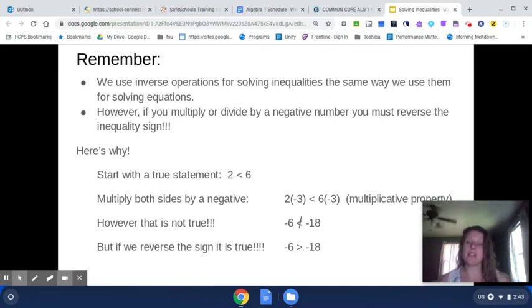But if we multiply by -3 on both sides, 2 times -3 gives us -6, and 6 times -3 gives us -18. -6 is not less than -18. So again, we have to flip that sign around so it does make a true sentence. -6 is greater than -18. Now it's true. So that's why you have to reverse the sign when you multiply or divide by a negative.